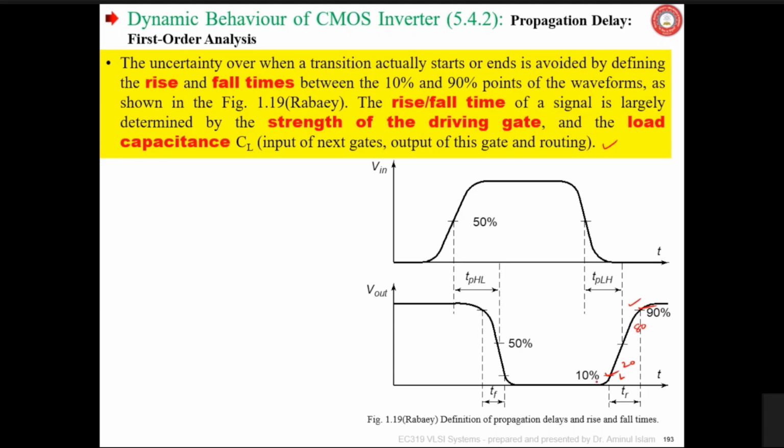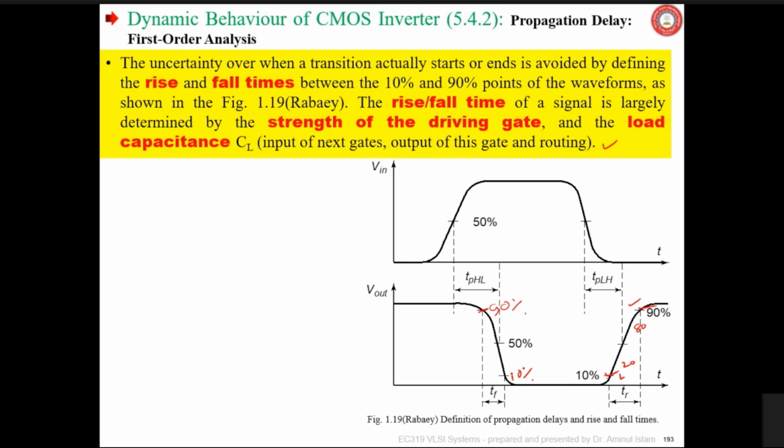See, rise time: how much time is the signal taking from 10% to 90%? And when the output is falling from 90% to 10%, that is called fall time.